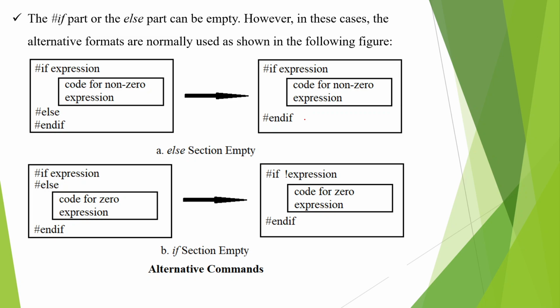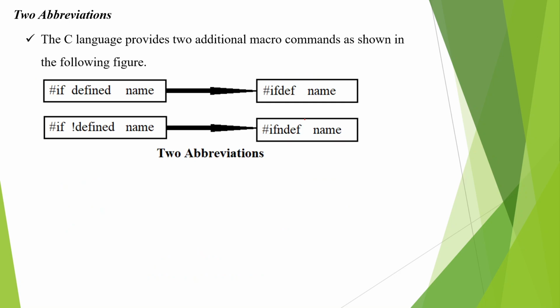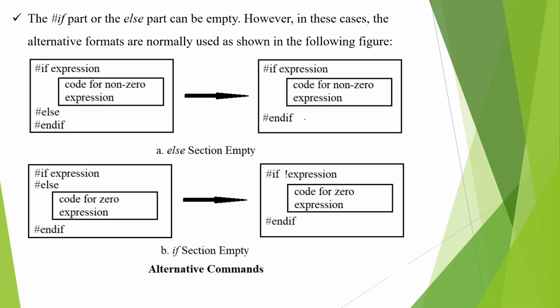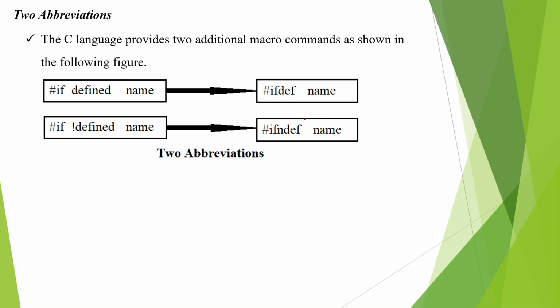Hope you understood. Here is how it looks if there is no else part, as they have given. And here the abbreviations: with the defined name, you can use the if. As an expression, you can use the defined name. For your understanding, let us say I'm defining hash define pi with some value 3.14.